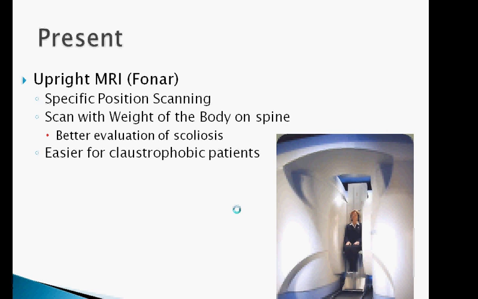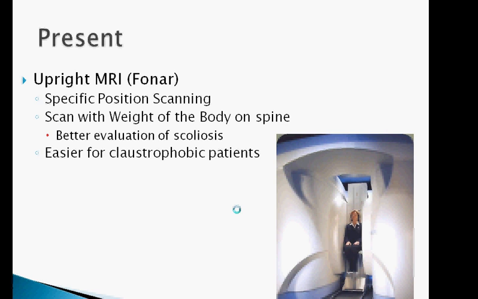Another one that is presently used is the upright MRI, which allows the patient to sit up straight and be scanned with the weight of the body on the spine. It's better for evaluating scoliosis and easier for claustrophobic patients.